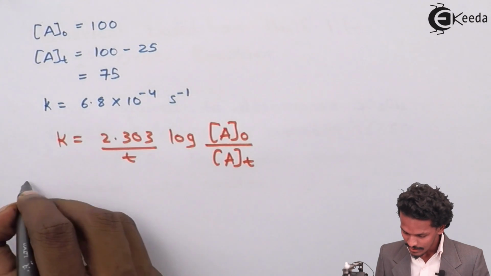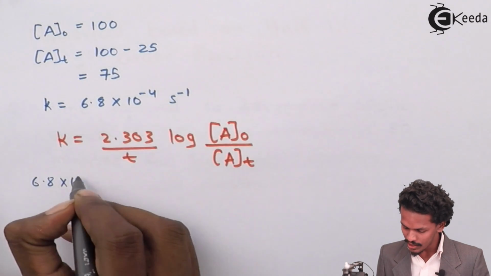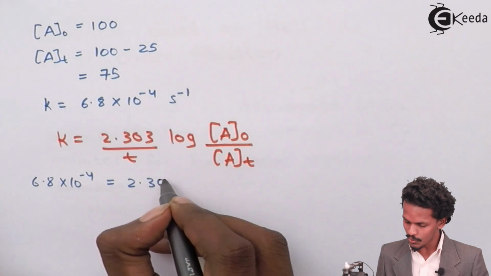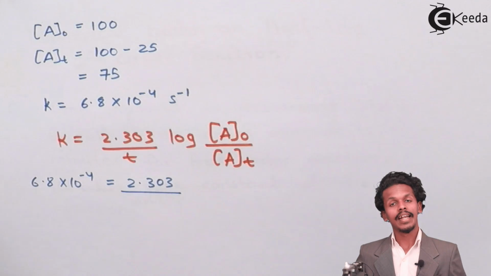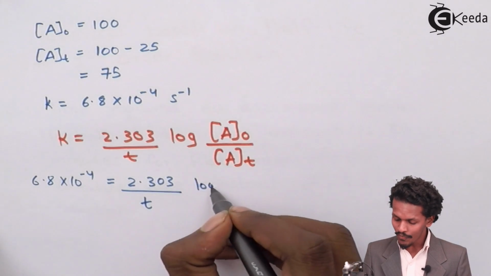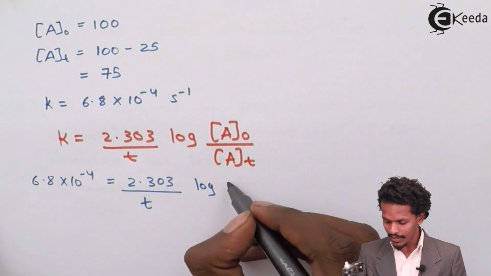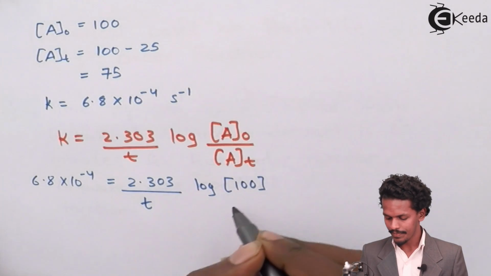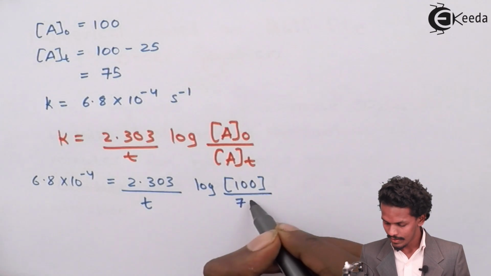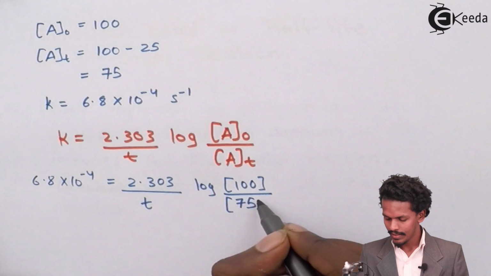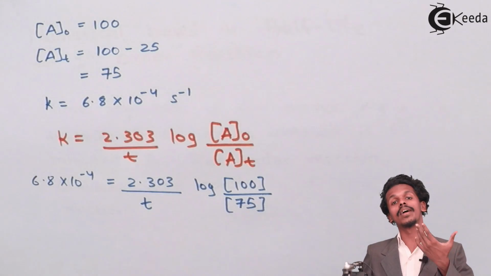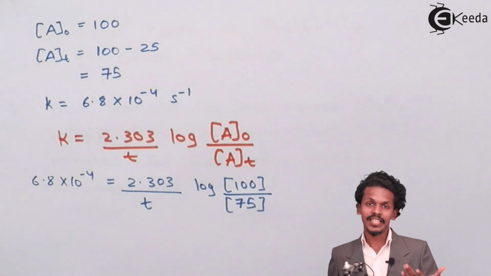So 6.8 into 10 raised to minus 4 is equals to 2.303 divided by time, and we have to calculate log of A0 divided by At. In this case A0 is 100 and At is 75. So let us first calculate the log of 100 divided by 75.